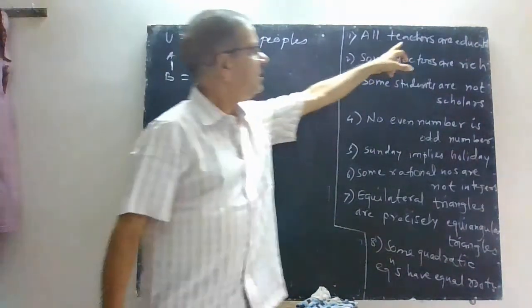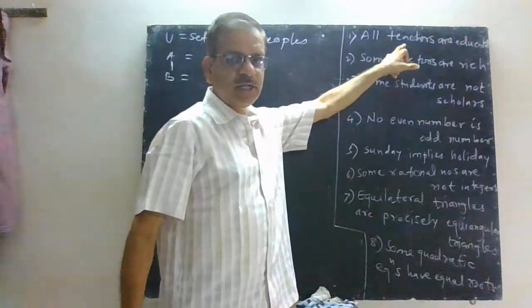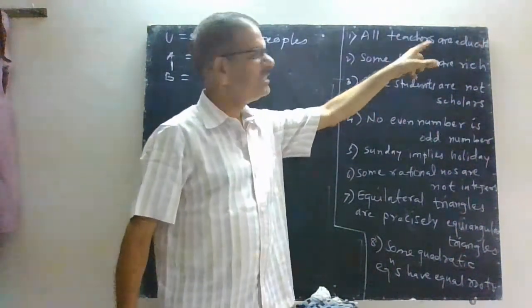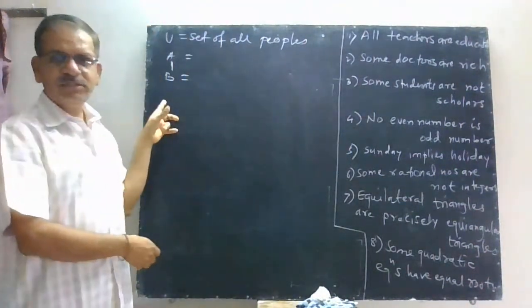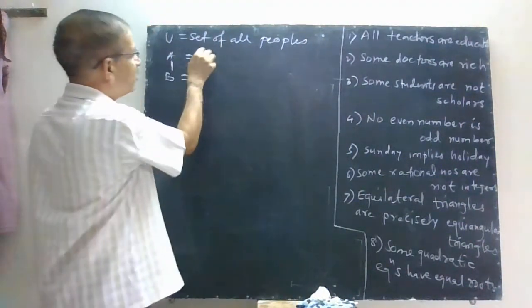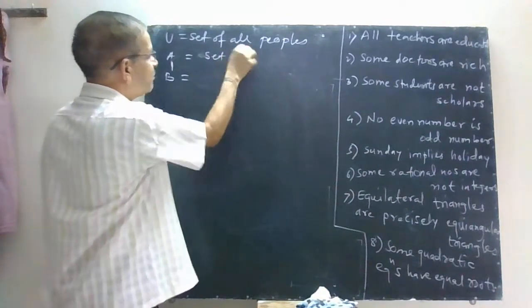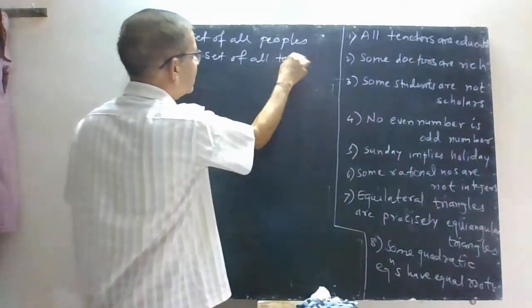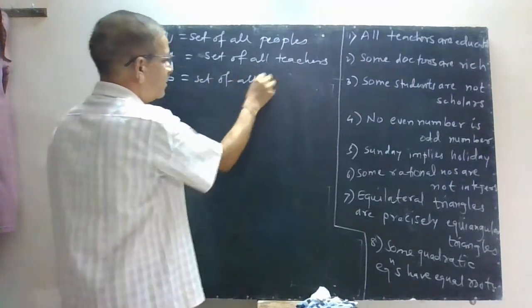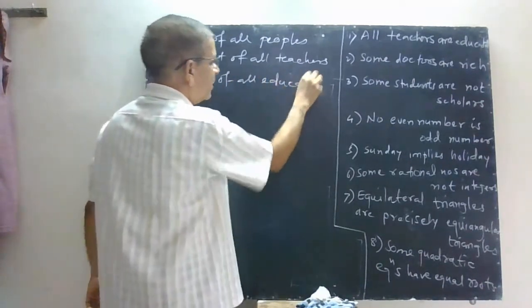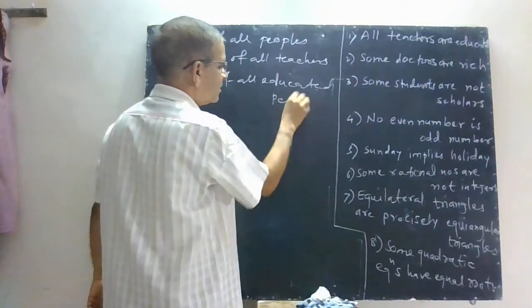Sometimes while denoting teacher you can take set as T, educated person you can take set as E, or you can use sets A and B. A, set of all teachers, and set of all educated persons.